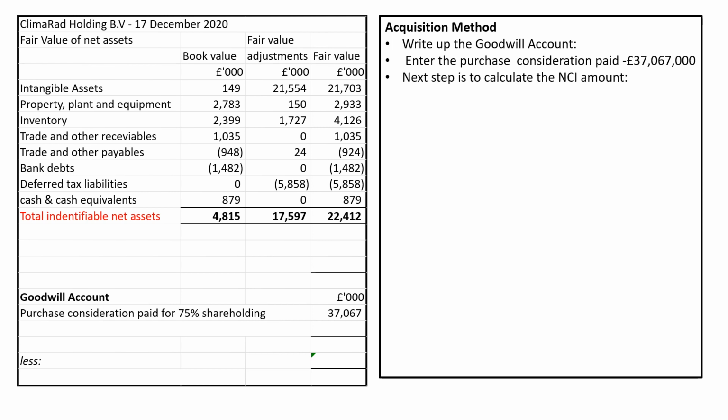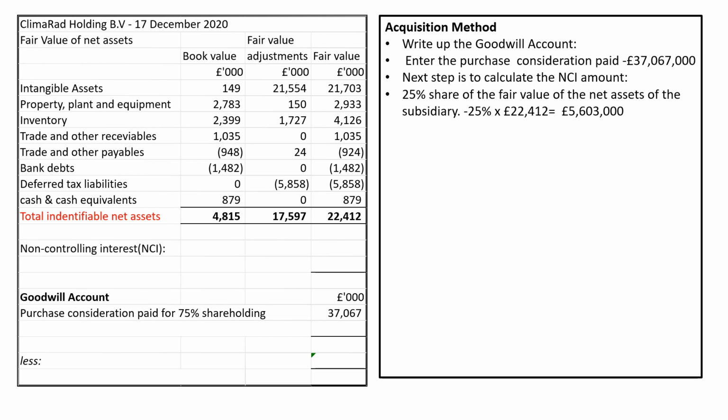The next step is to calculate the non-controlling interest amount, and the non-controlling percentage share is 25% of the fair value, which is 22.412 million, which gives us a figure of 5.603 million. So just to show the calculation again, 25% of the net assets gives us 5.603.